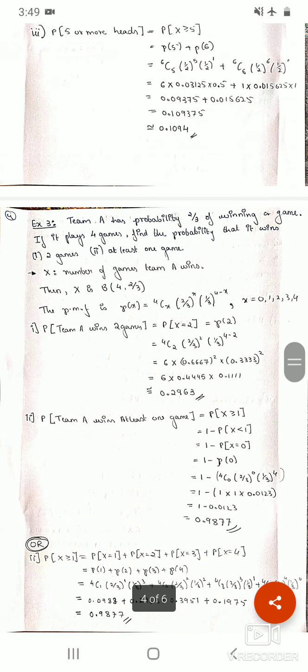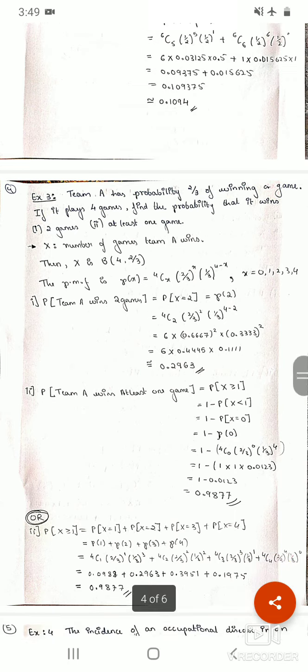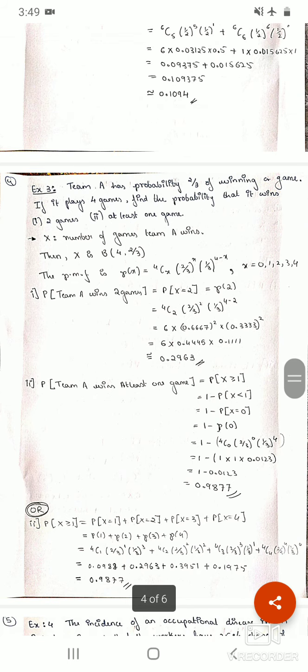So the question is, team A has probability 2 by 3 of winning a game. It plays 4 games. Find the probability that it wins 2 games, and the next sub question is it wins at least 1 game. So in this question they have given there is a team and its winning probability is 2 by 3, which is nothing but small p, and along with this they have given that the team plays 4 games.